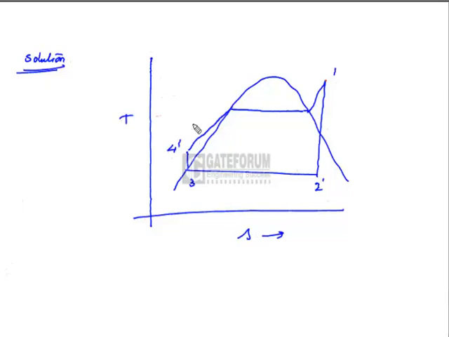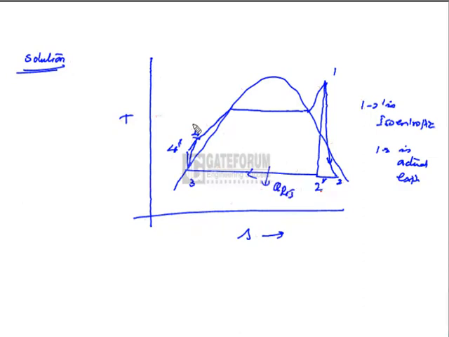Because machine efficiencies were given, 1 to 2 is actual expansion, 1 to 2 dash is isentropic or reversible adiabatic, 1 to 2 is actual with friction. Similarly, 3 to 4 dash is isentropic pumping and 3 to 4 is actual pumping with friction. Of course, 4 to 1 is heat supplied in the boiler and 2 to 3 is heat rejected in the condenser.